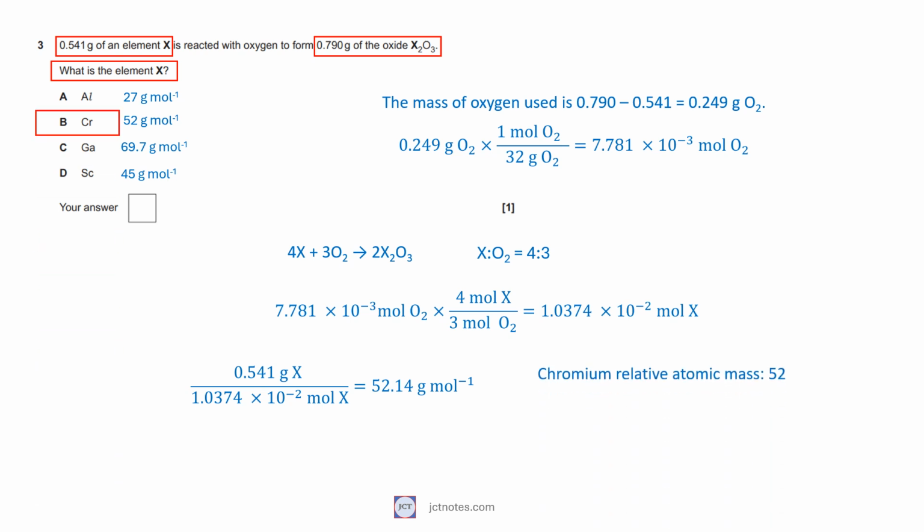Looking at the periodic table from the data sheet, we find that this matches chromium, with atomic mass of 52, allowing some margin for rounding errors. Therefore, the answer is B.